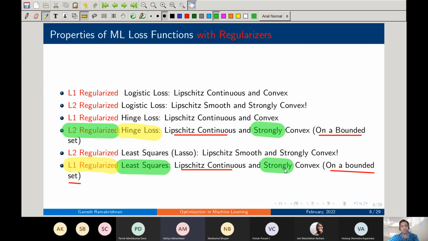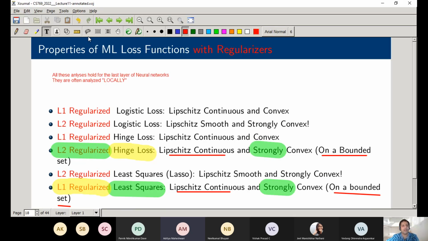So one question might be, okay, what about neural networks? Again, I'm going back to my references. All this analysis holds for the last layer of neural networks. They are often analyzed locally. Okay, this is going to be important. They are analyzed locally, and that's where I draw your attention again to a reference that I had given today and also in the last class.